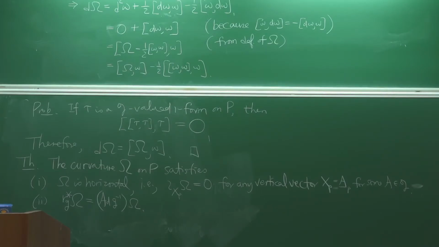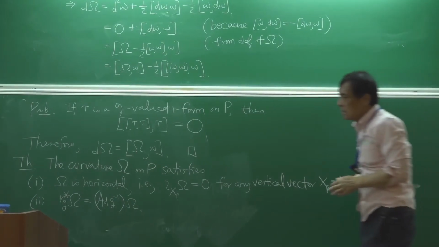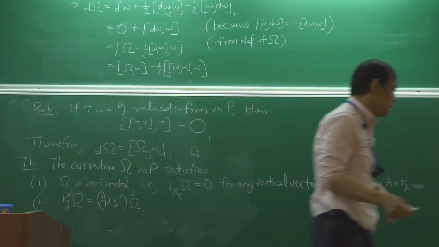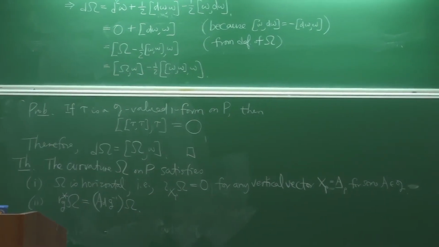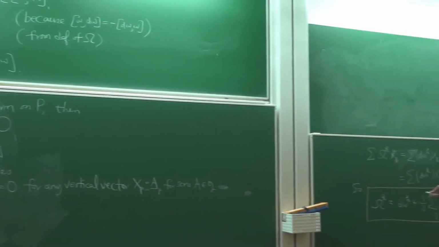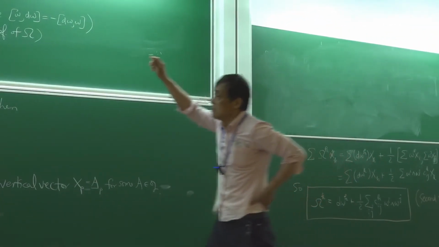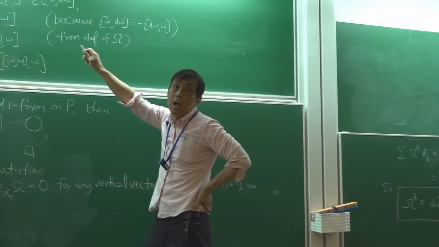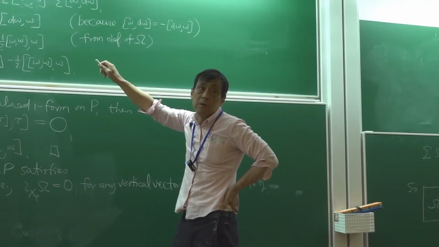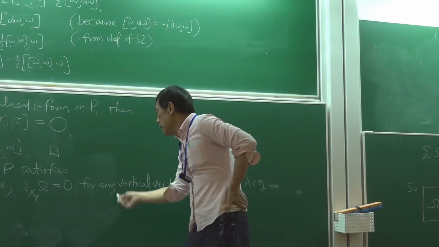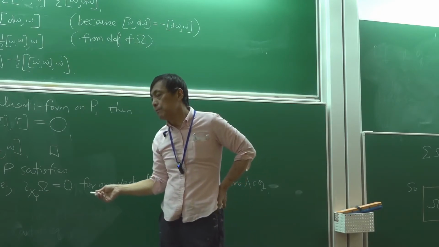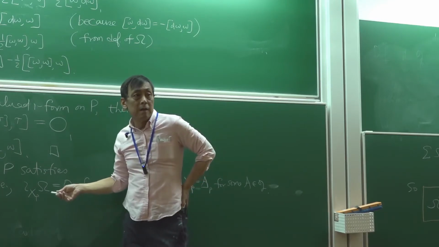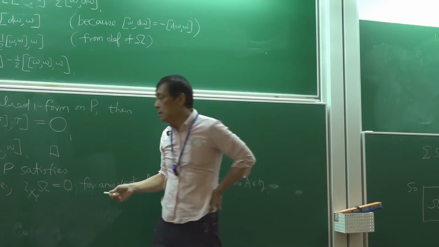Now, the first property takes a little bit of work. You have to use the definition of the curvature omega, and you apply it to a vertical vector. And then you need another argument.